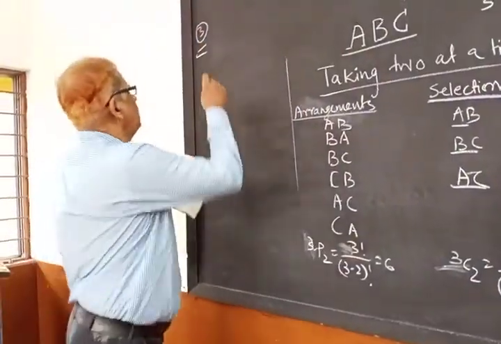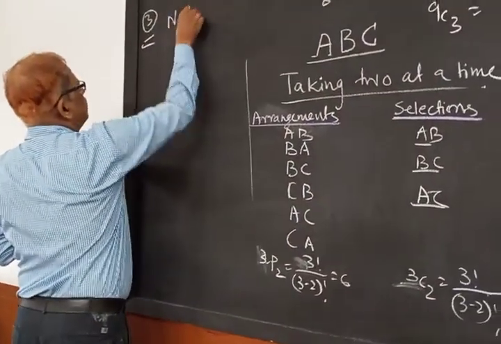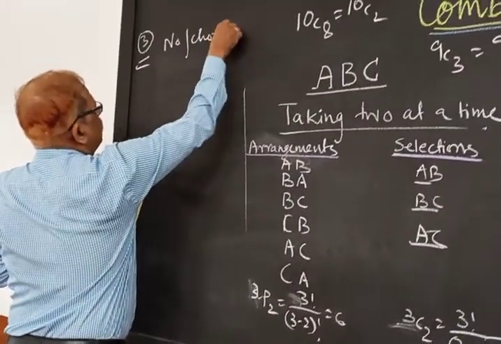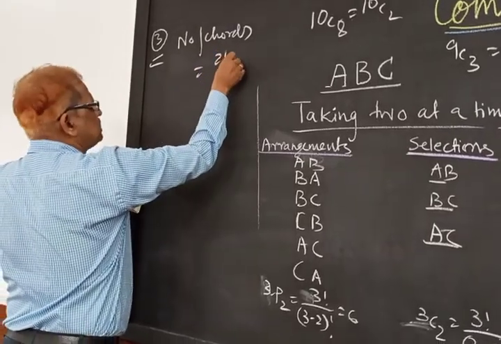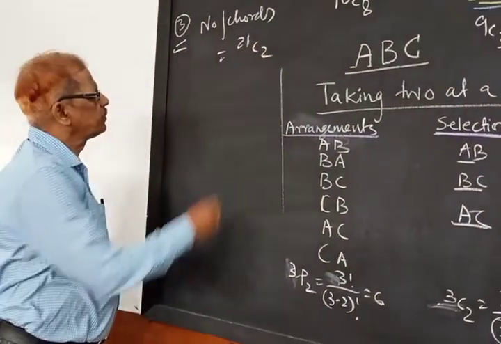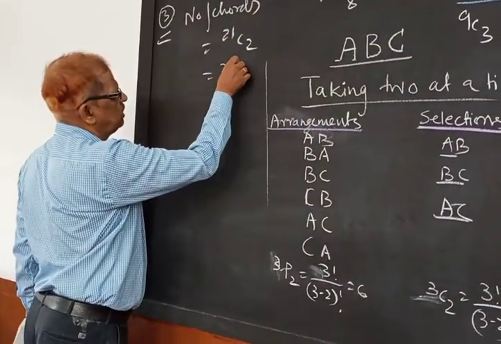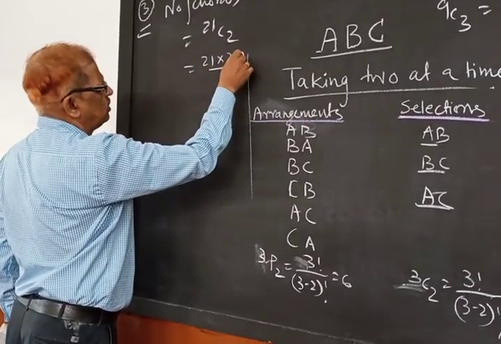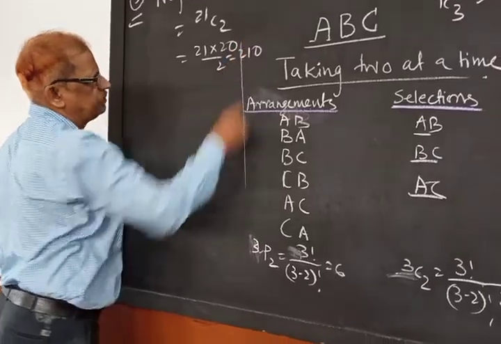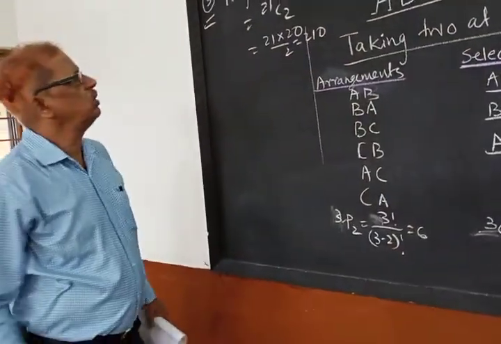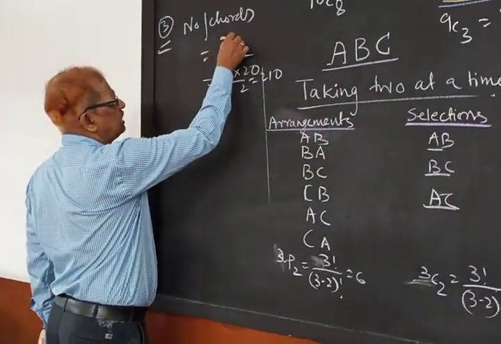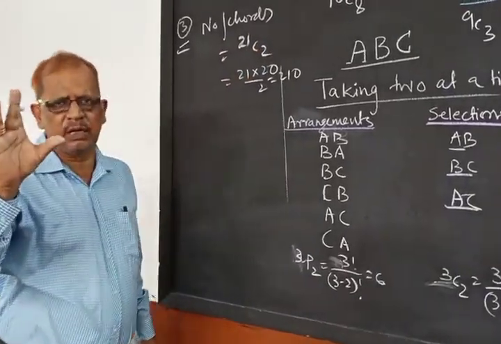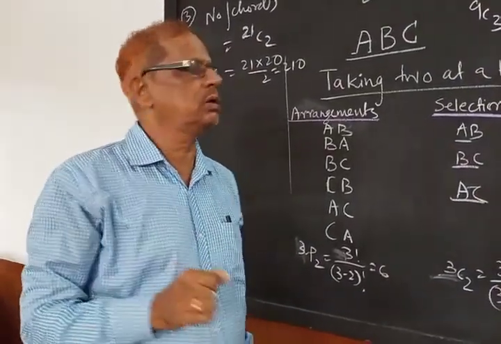So directly we can write the number of chords will be 21C2, that is 21 into 20 by 2, that is 210. Taking 2 of the 21 points, one line segment, here called a chord, can be drawn.